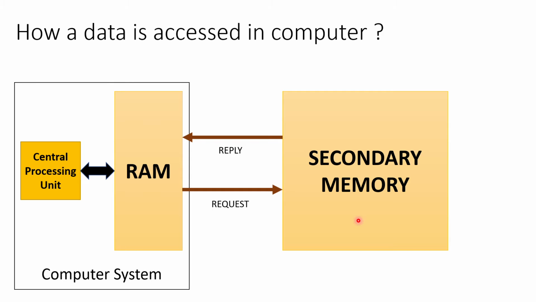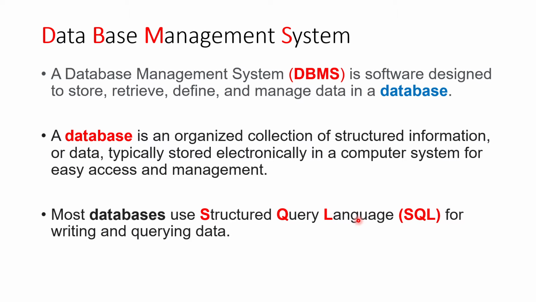Now, what is indexing, that we will come to very soon, but before that, we will see exactly what a DBMS is, because ultimately we will try to understand indexing from the DBMS point of view. By definition, a database management system is a software designed to store, retrieve, define, and manage the data in a database.